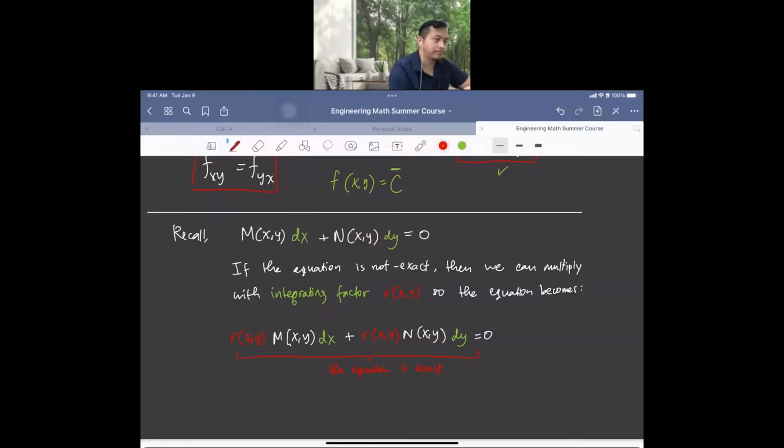Of course, we need to find out what the integrating factor is that can make this whole equation exact. Sometimes this is called an almost exact equation.